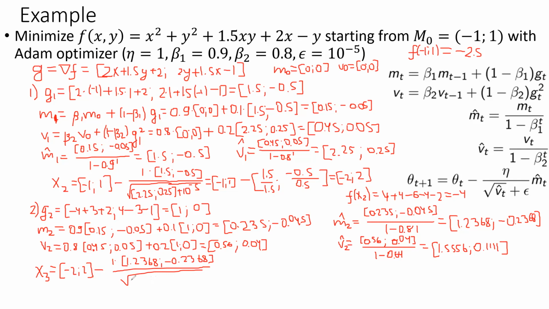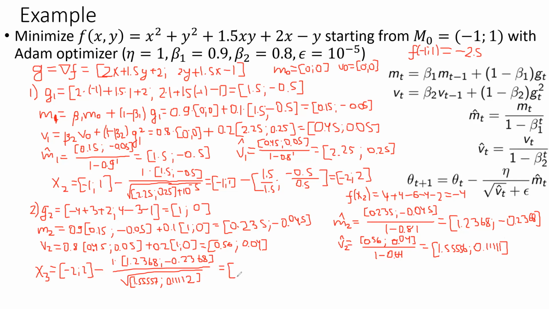So we actually can add epsilon if we want. So let's add epsilon. 1.55557, and here I will have 0.11112. So if I expand, because this is like that, I will have something like that.